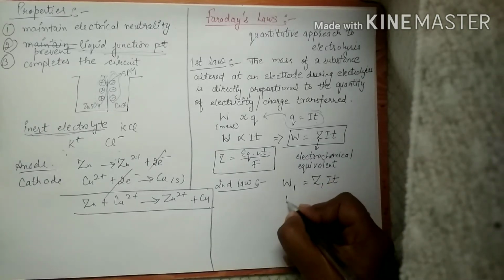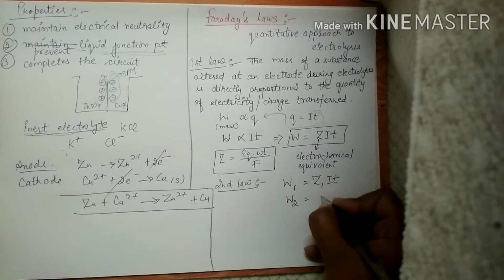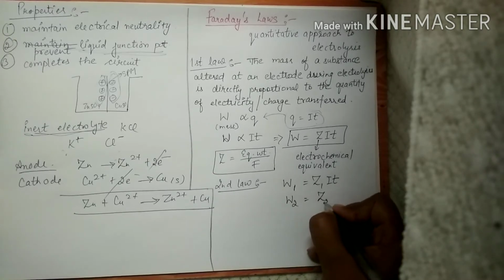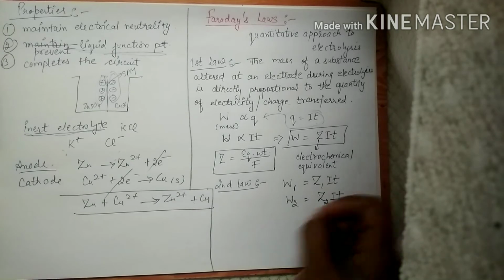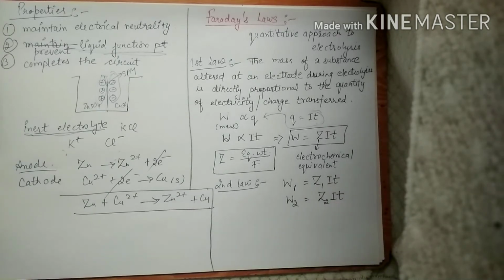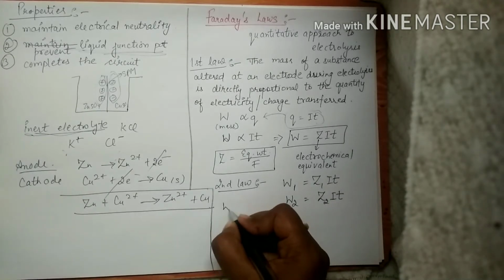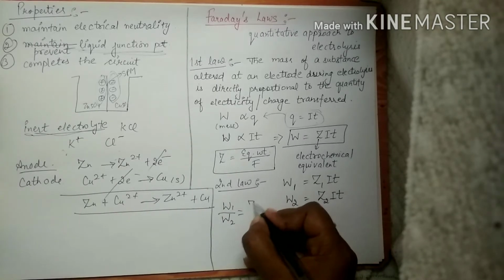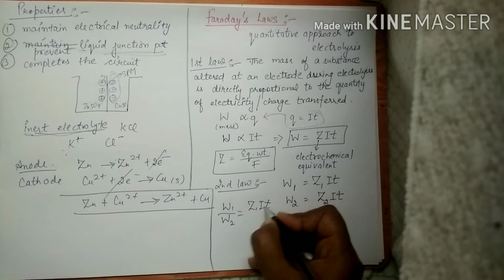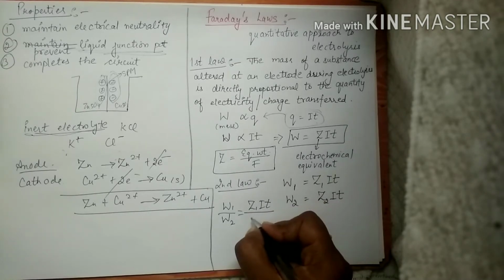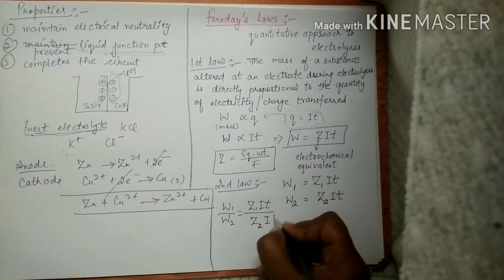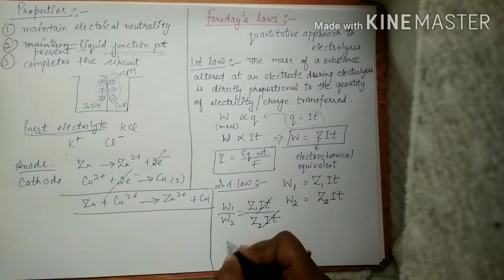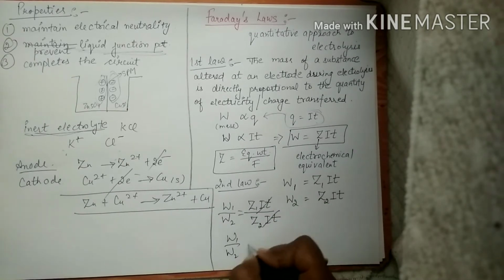And suppose if W2 is the mass altered at another electrode, which is equals to Z2 into IT, then using the equivalence, if we take W1 upon W2, then we get Z1 IT upon Z2 IT. So basically we'll get W1 upon W2 is equals to Z1 upon Z2.